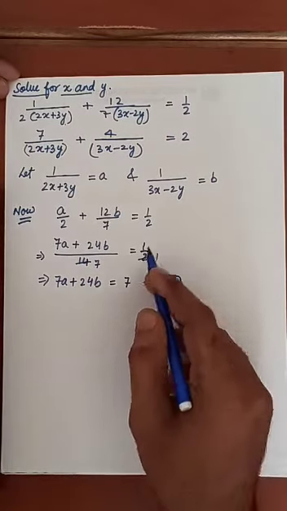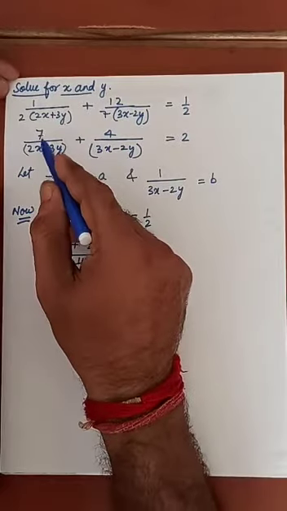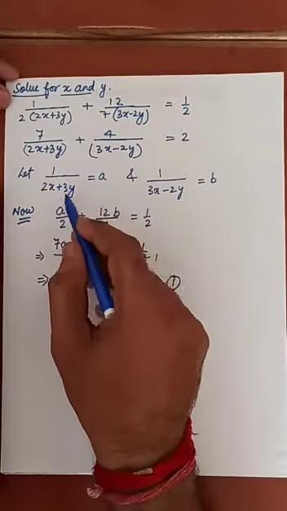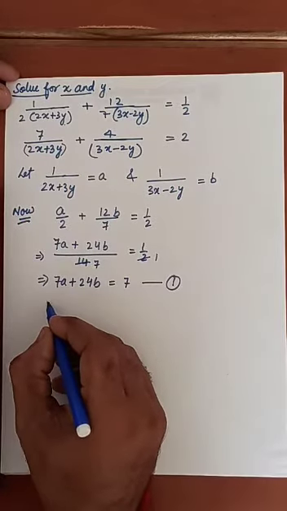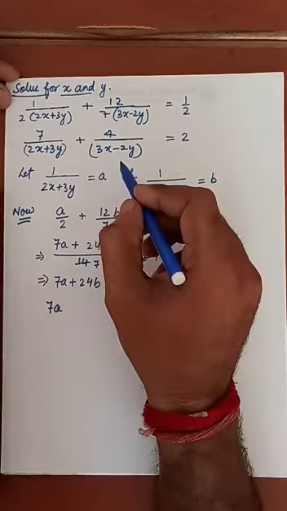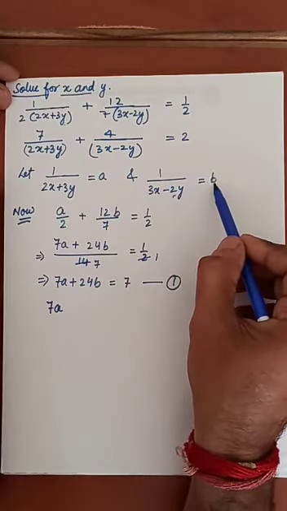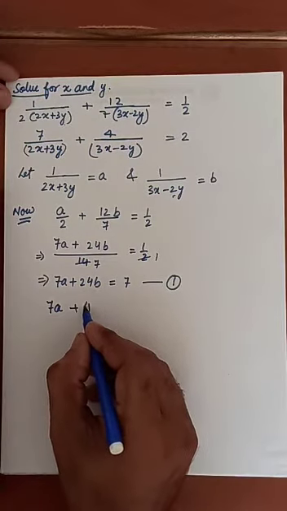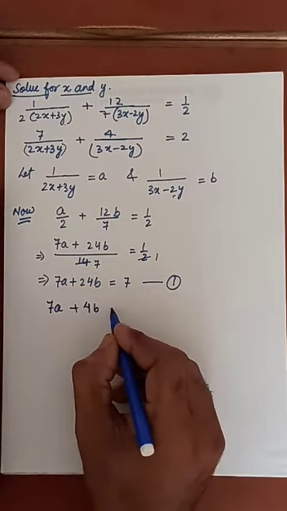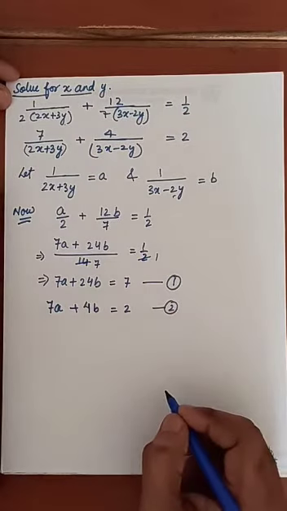Similar working will be applied for the second equation. As you are looking over here, 7 upon 2x plus 3y, so 1 upon 2x plus 3y is a, so that will be 7a. And here 4 upon 3x minus 2y, 1 upon 3x minus 2y is taken as b, so that will be plus 4b, that is equals to 2. So it is your second equation.